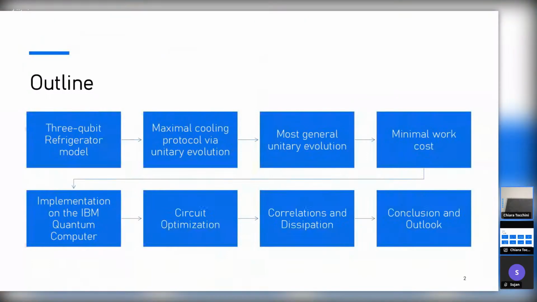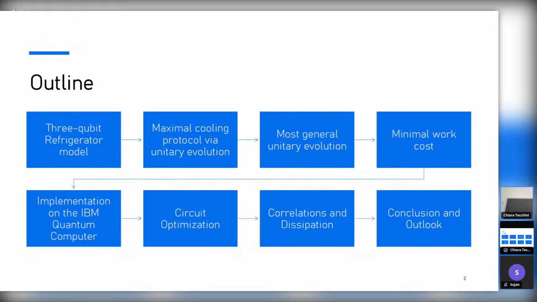The outline of the project: the first thing that I did was the model of the three-qubit quantum refrigerator. Then I found a maximal cooling protocol via a unitary evolution. Then the most general form of this unitary evolution that is also the one that minimizes the cost in terms of work.